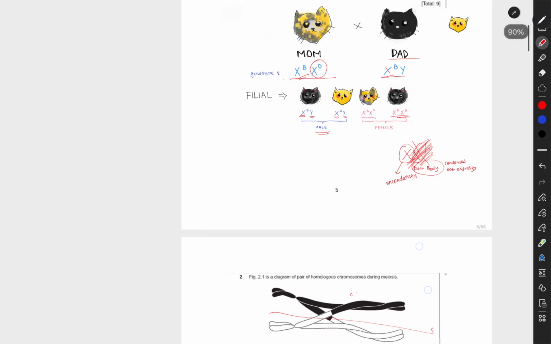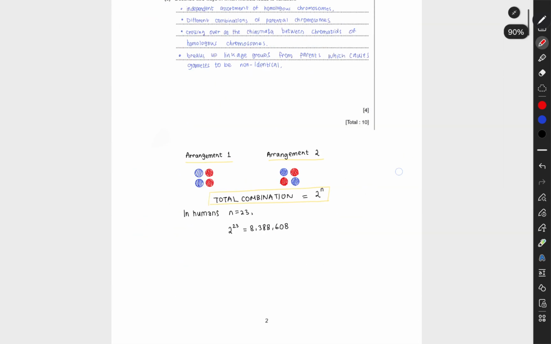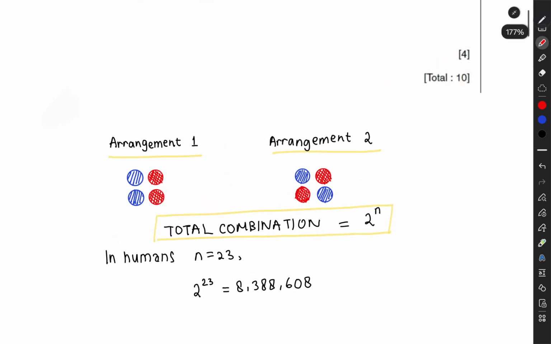What is independent assortment? So there are a few arrangements that a cell can have. For example, the blue one, just say it's from its dad, and the red one, just say it's from its mom. And there are two ways when the cell divides: either they have dad and dad, or mom and mom, or dad mom and dad mom.